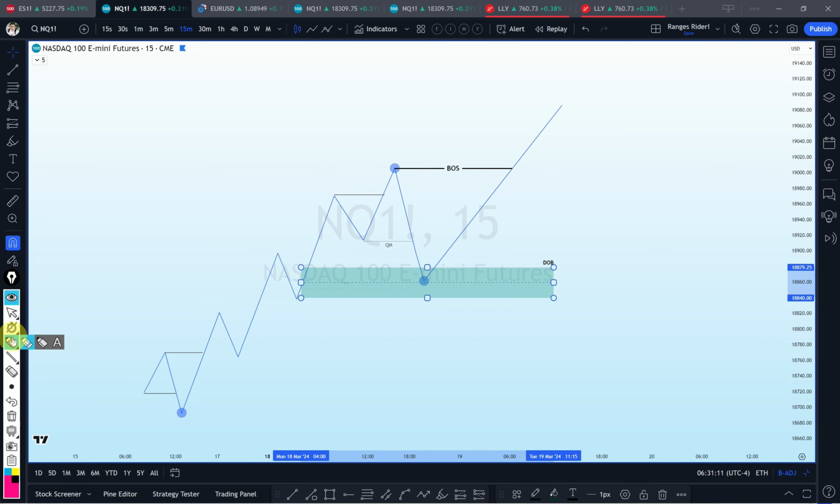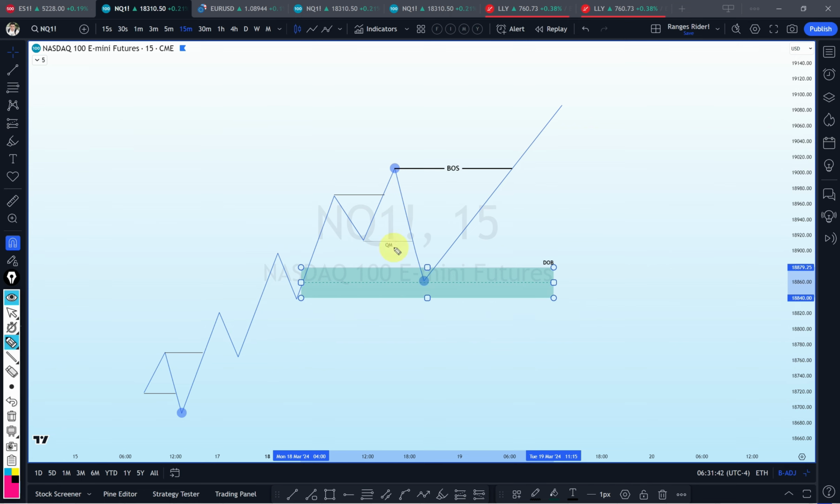You will be surprised that maybe we have a concept, PD array, that is like 50% discount or premium. But how many times do you go back to the charts and see that the price doesn't go down to the 50% to take the liquidity?